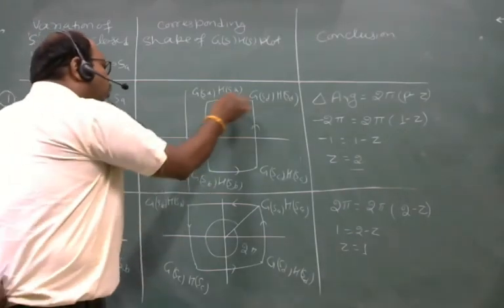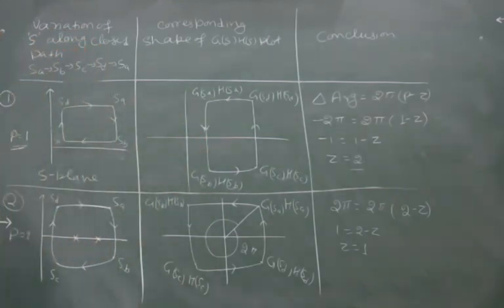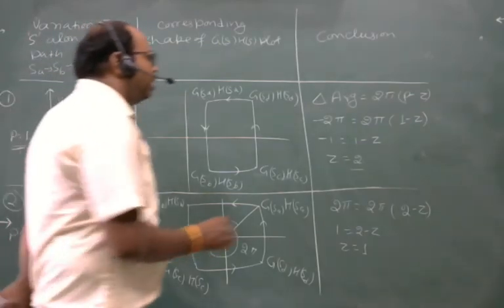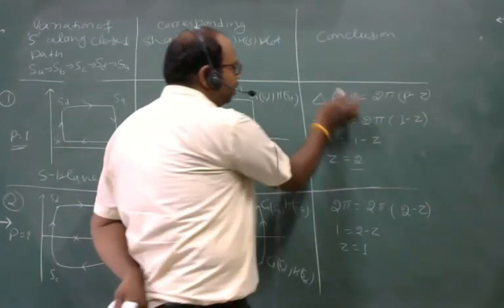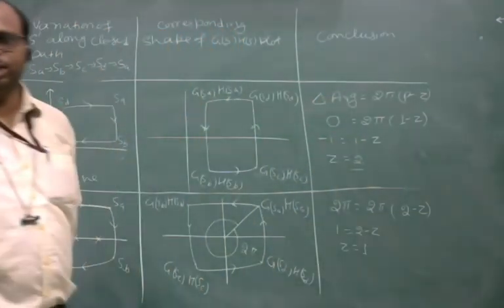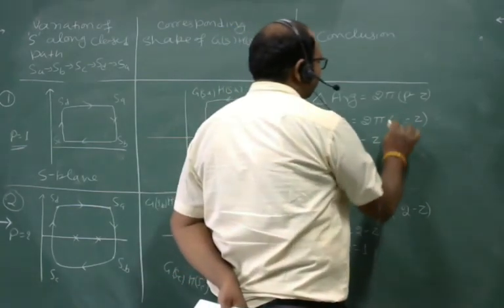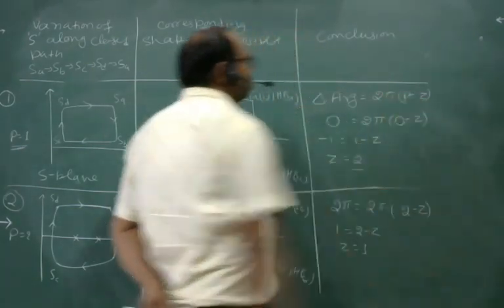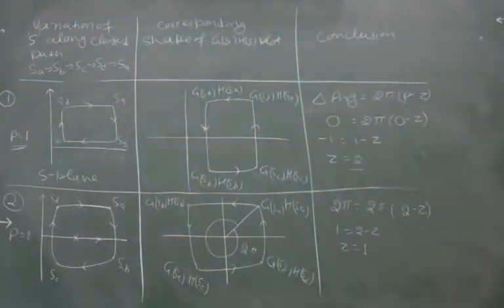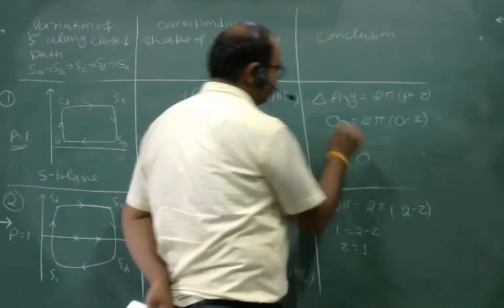Since there is no encirclement around the origin, the change in argument will be 0. No pole is inside the specified region in the s plane, so P will be 0 and obviously Z will be 0.